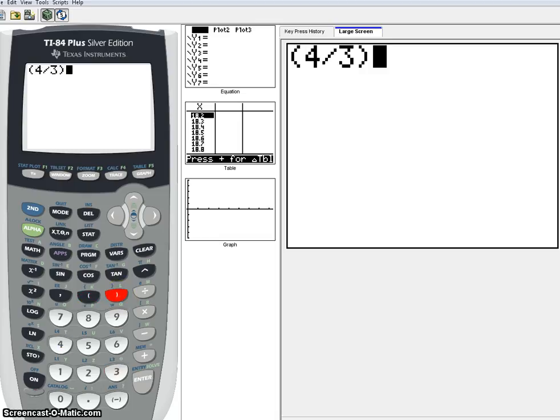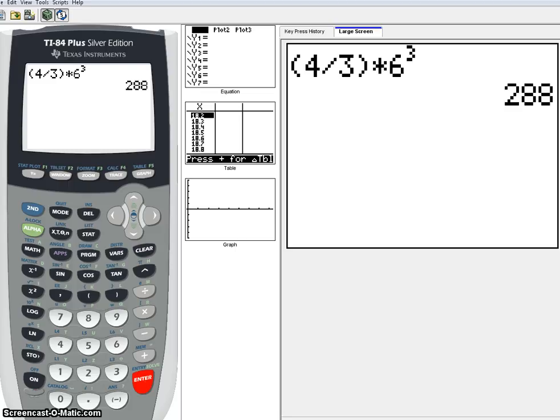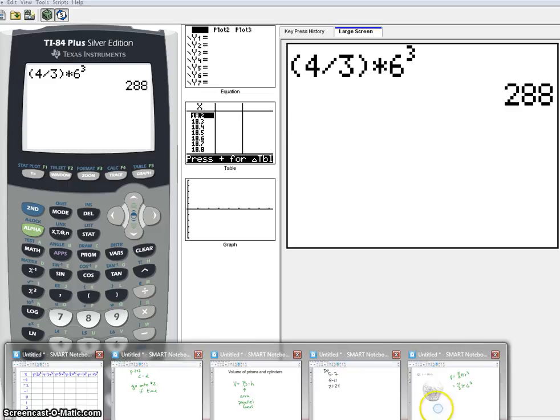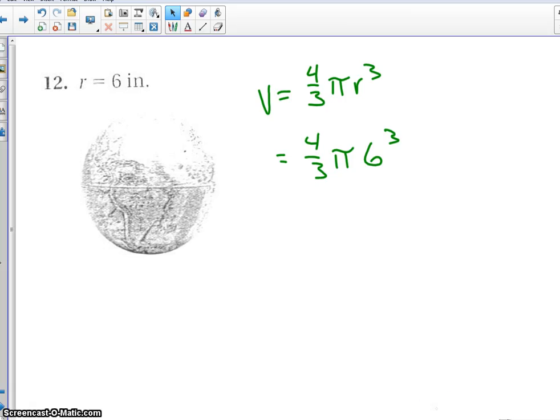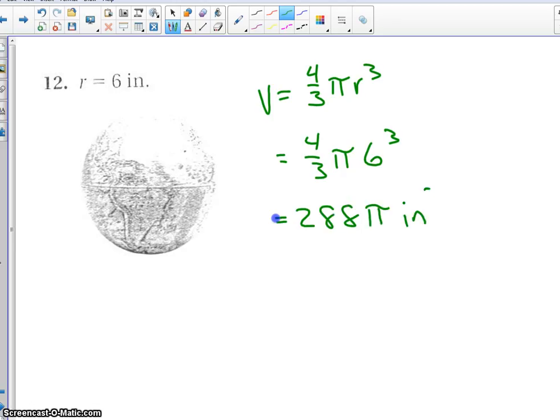And then we take that times the radius, which was 6 cubed. You're going to use the caret key, which is right below the clear over there. Hit enter, and you get 288. So that means the volume here is 288 pi, and it's inches cubed. We're volume now, so cubed. That would be the exact answer for the volume.